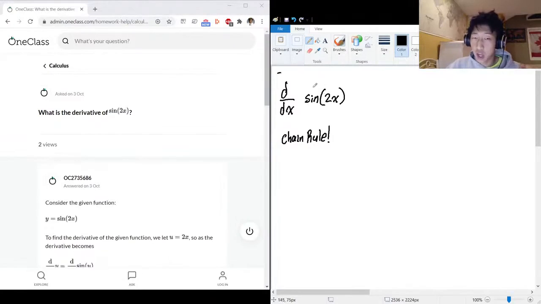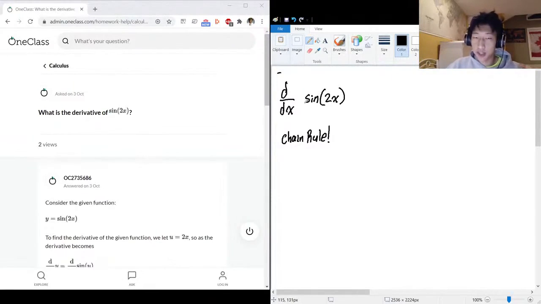In this case, we have 2x that is passed to sine x. So we have a function result as the input to the next function. The result of 2x becomes the input of sine x. Whenever we see something like that, we're going to need the chain rule.